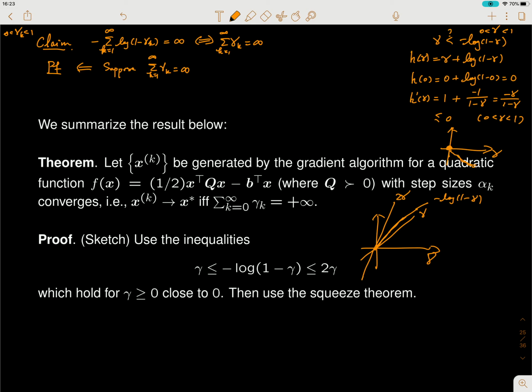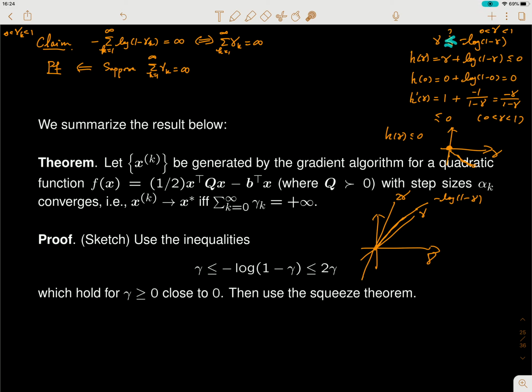That shows that h of gamma is less than or equal to 0, which means gamma is less than or equal to negative log of 1 minus gamma. Only when gamma equals 0 are these two equal, but when gamma is greater than 0, gamma is strictly less than negative log. But it doesn't matter.